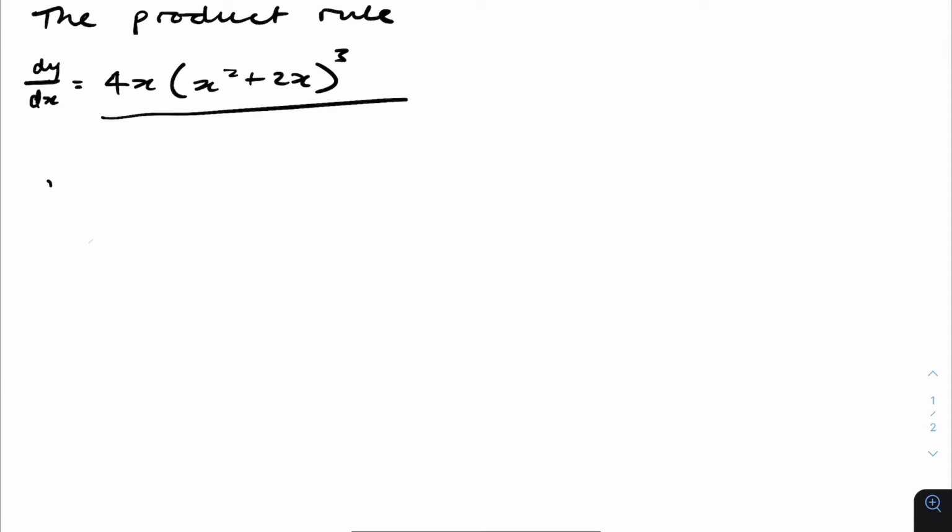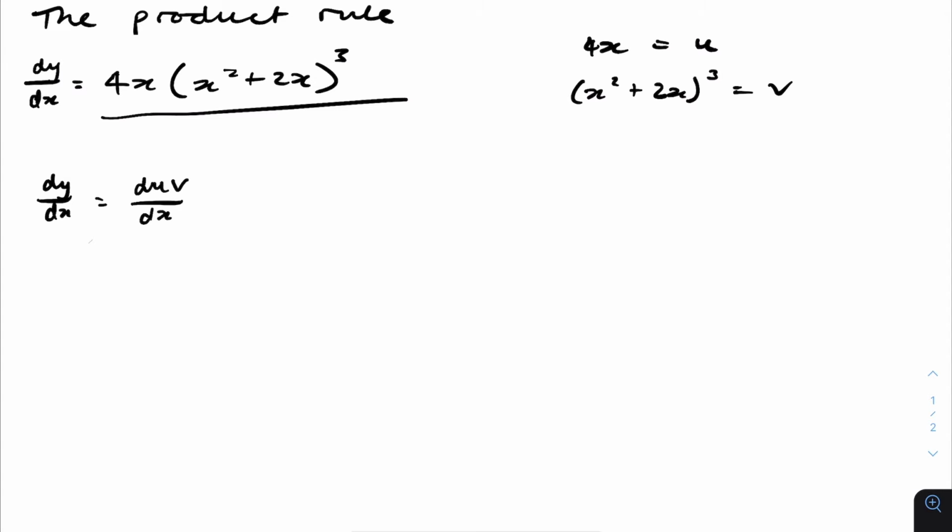So if we have dy over dx, we could break this function into two parts. The 4x we could represent as u, and x squared plus 2x to the power of 3 we could represent as v. And what we'd have to do is write dy over dx as d(uv) over dx, because essentially, y is written as u times v.